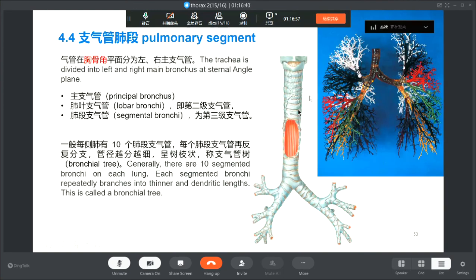The main bronchus divides into the left and right main bronchi at the carina.